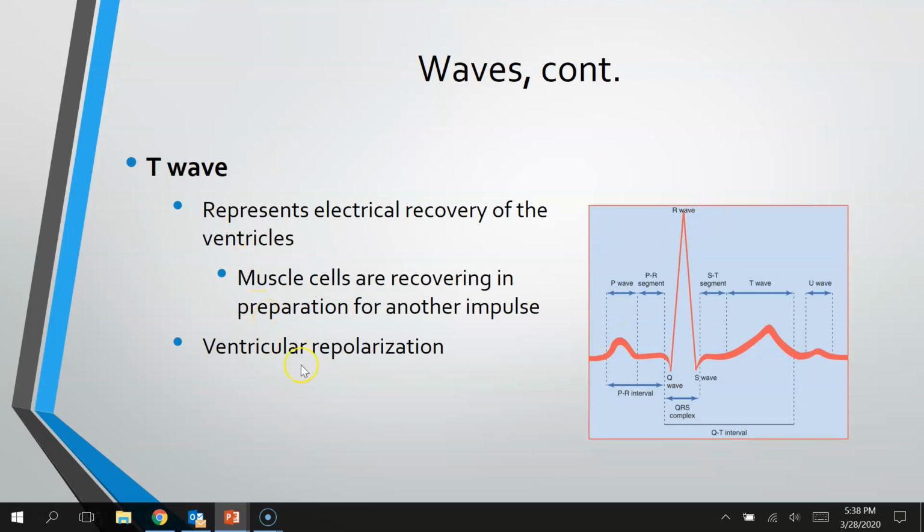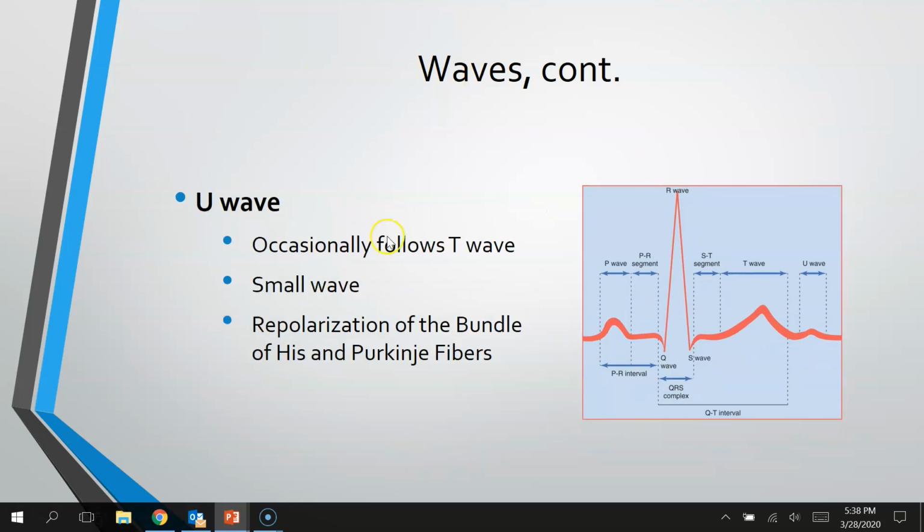The T wave is actually where we see ventricular repolarization. So we see the depolarization here in the QRS, and then as the ventricles relax, it repolarizes, and we see that T wave. The U wave sometimes follows the T wave.